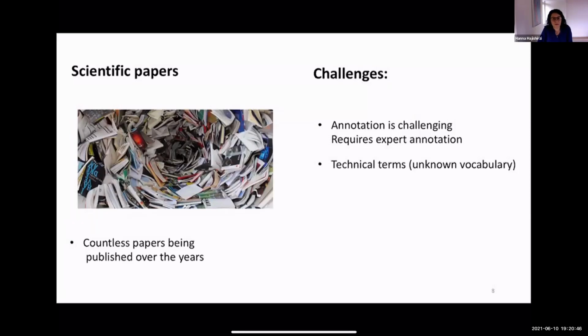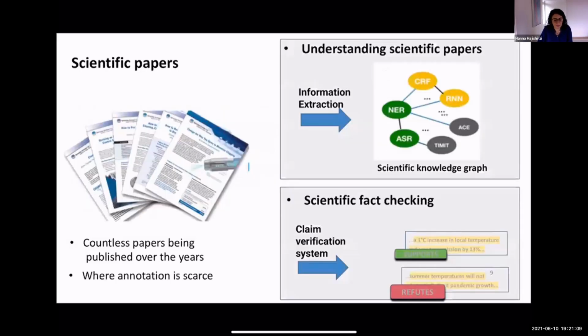In addition, these scientific papers include a lot of technical terms, which are unknown vocabulary, or out of domain vocabulary, for a lot of pre-trained language models. So how can we enable our current language models to be aware of these types of technical terms? These are really important challenges in the scientific domain.